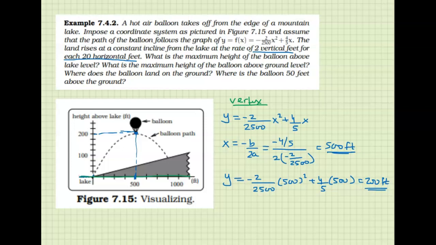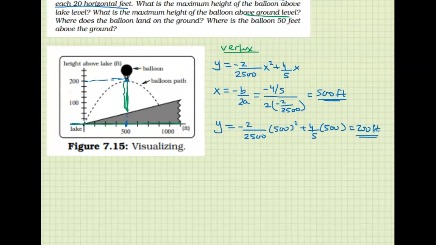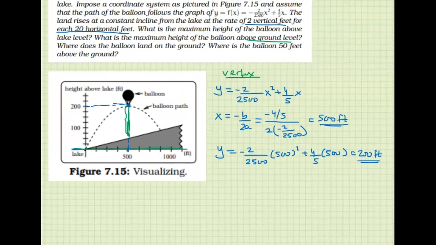The next question is, what is the maximum height of the balloon above ground level? So now we're looking at this height right here. We have to figure out, with the slope of the incline that we're given, how high did the ground go up? So let's look at the equation of that line.